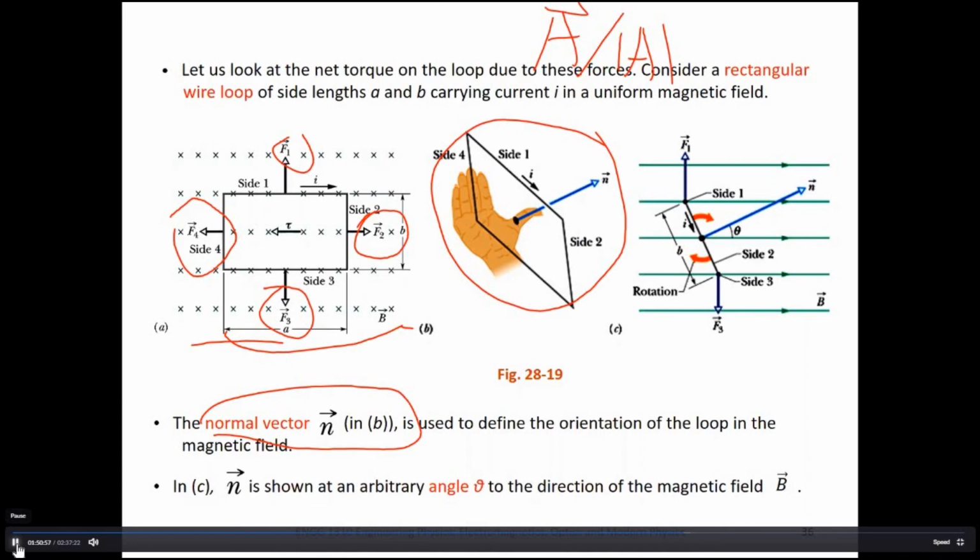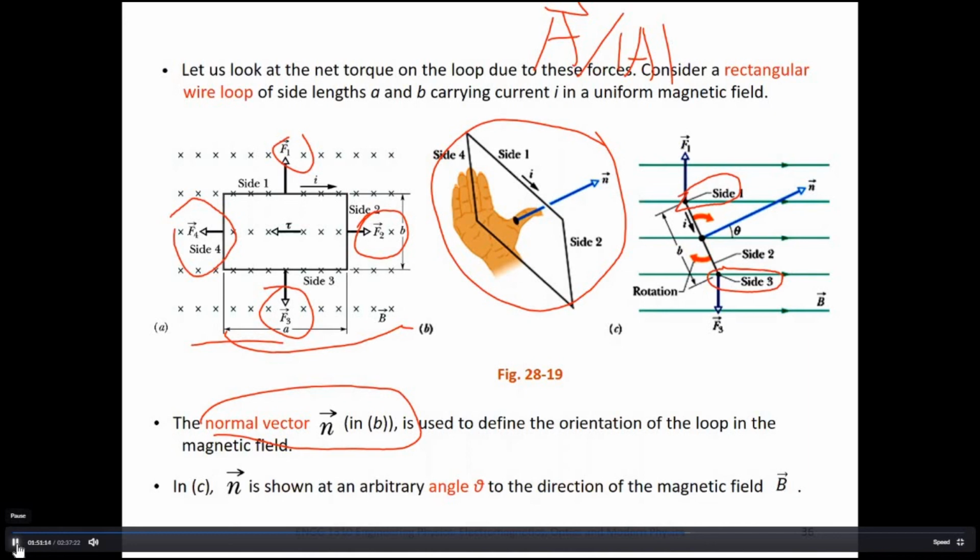Now if you look from the side, side 1 is just a dot here, and side 3 is a dot. The inclined line is side 2 in the front or side 4 in the back.